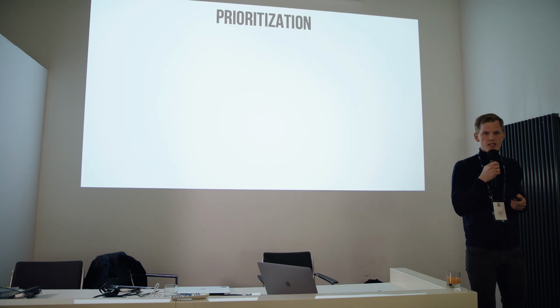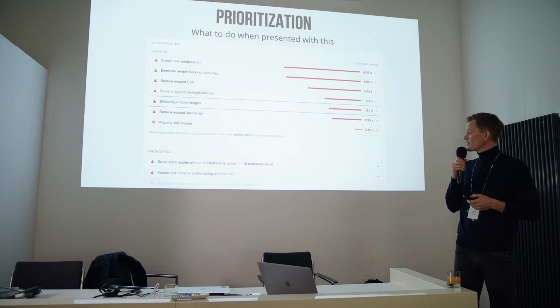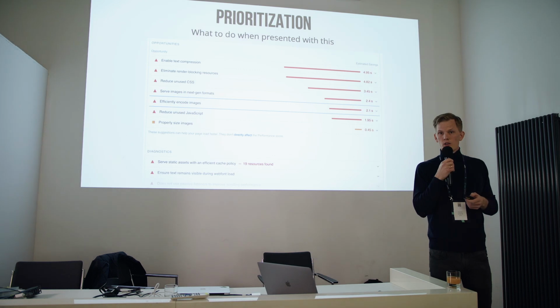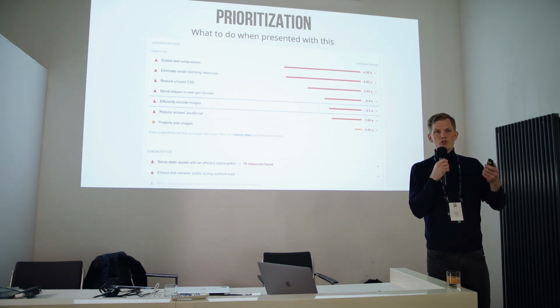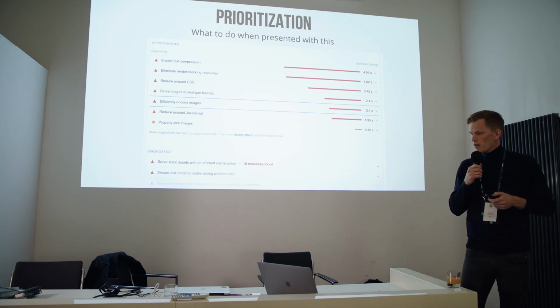So how do you prioritize your efforts when you have something like this, right? You can't dig into all of them at the same time, and probably some of these opportunities are more important than others.